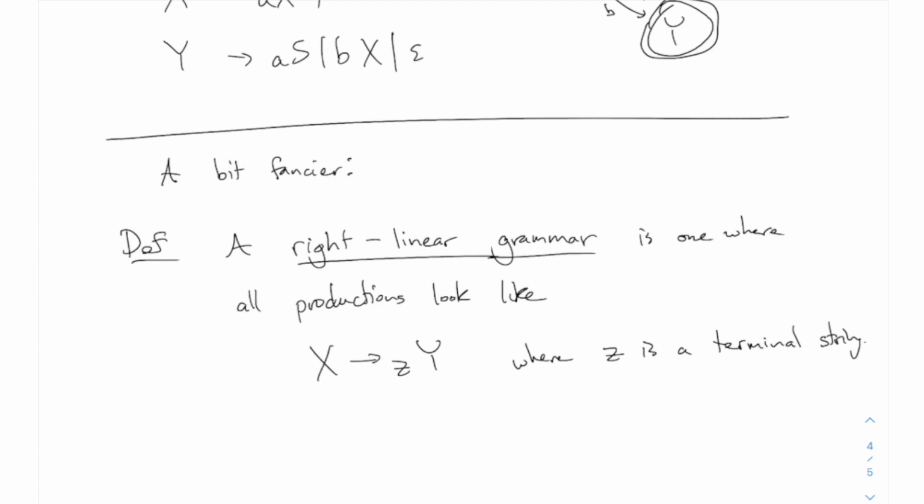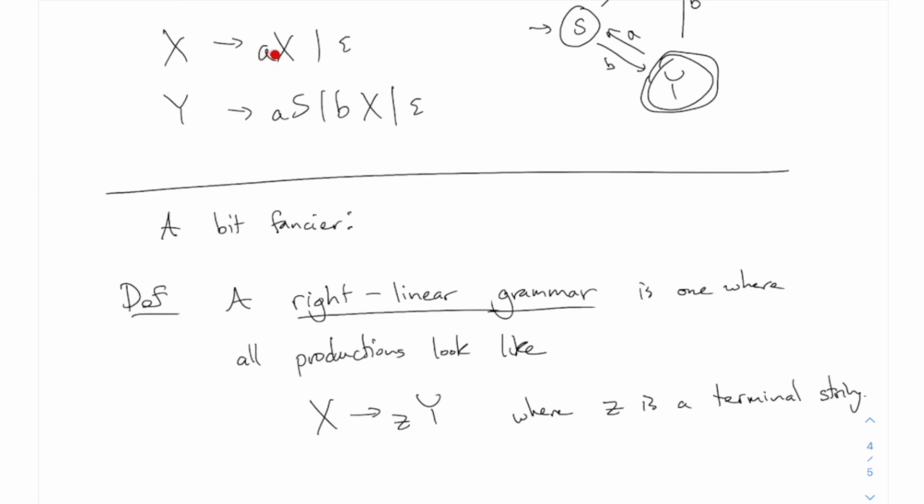That's the difference between single step, which means they have to all be individual letters here. Right linear grammar means this thing can be a whole string, not necessarily a single letter. All right, or going to the empty string, as usual, or X goes to the empty string.